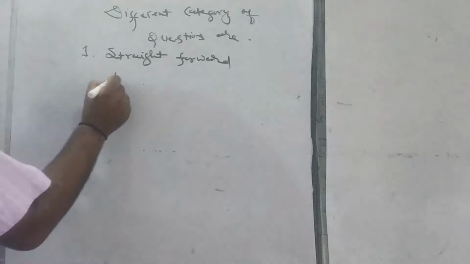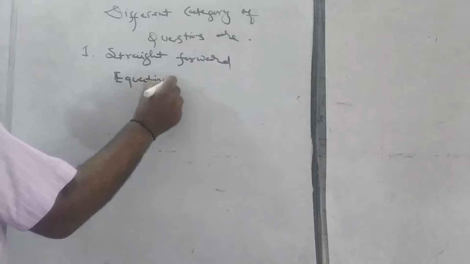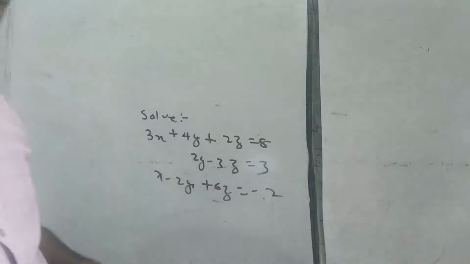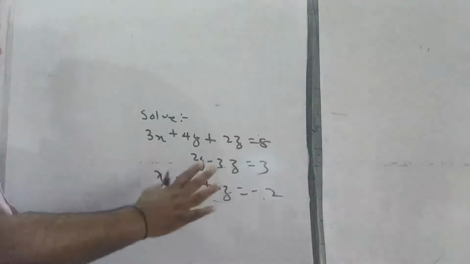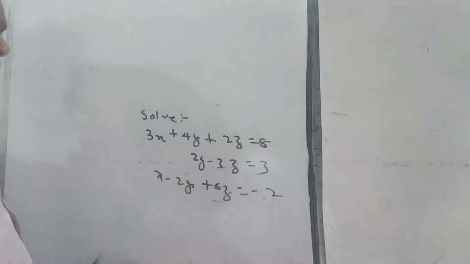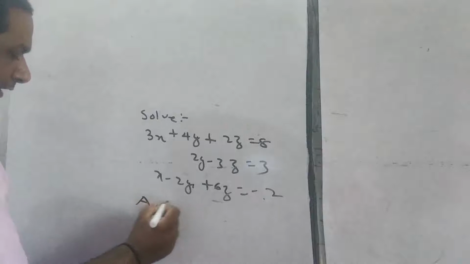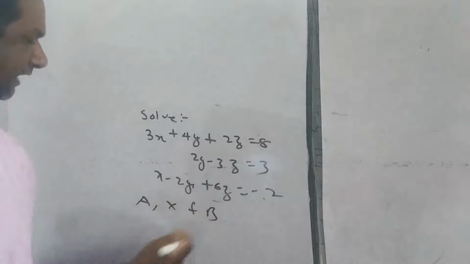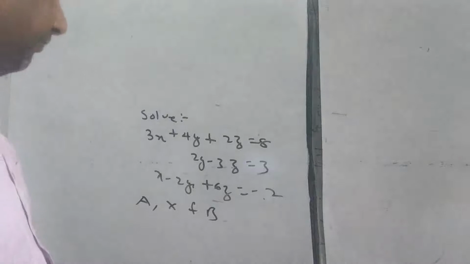Straightforward equations are given. So in the first category of question, the questions are directly given in the form of equations, and what we have to do is write A, X and B and then proceed with the steps mentioned earlier.